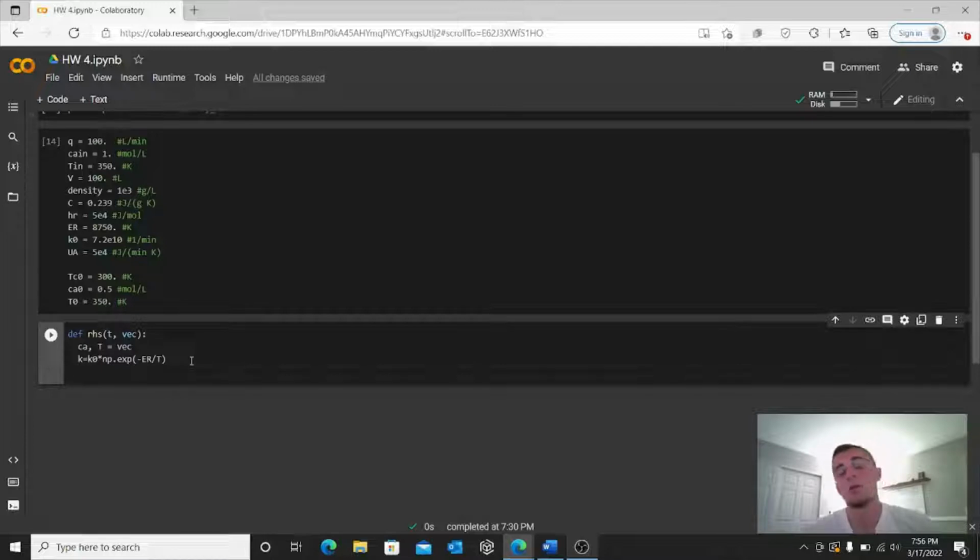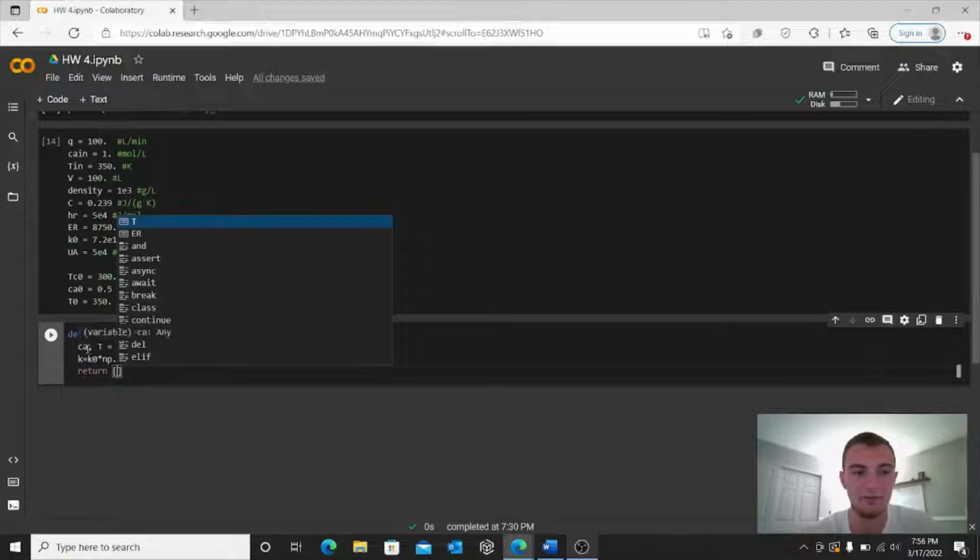Okay, so now we can return our two expressions, our two right-hand side equations that will allow us to solve for the change of concentration of A and change of temperature. So we will do return, and since we have unpacked the concentration of A first, we will have to supply that right-hand side first in our return here.